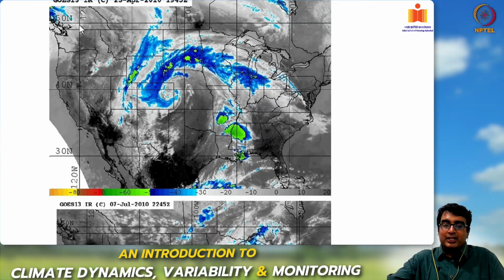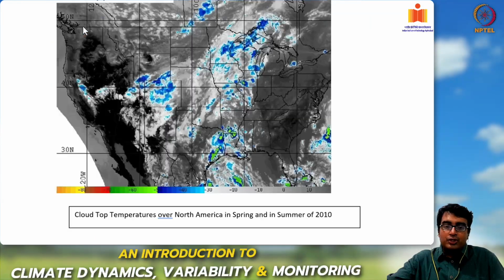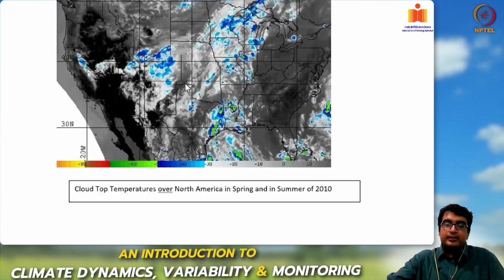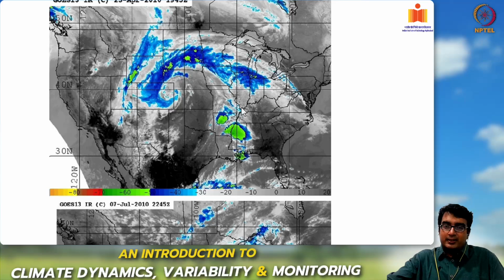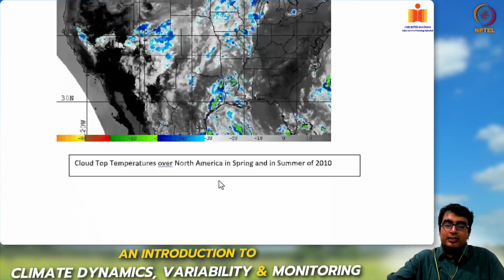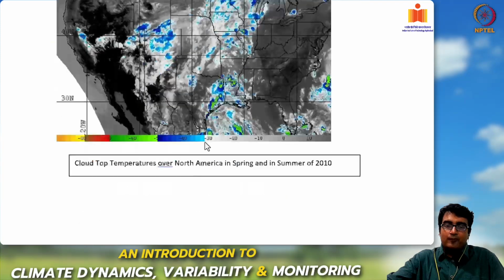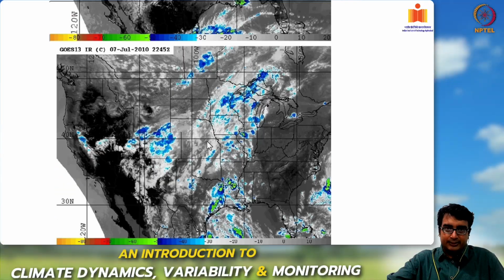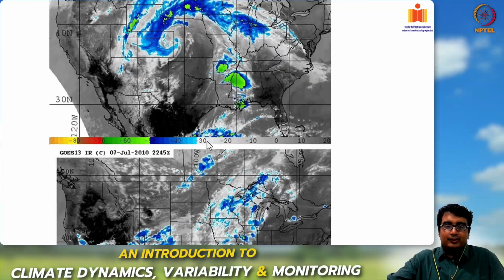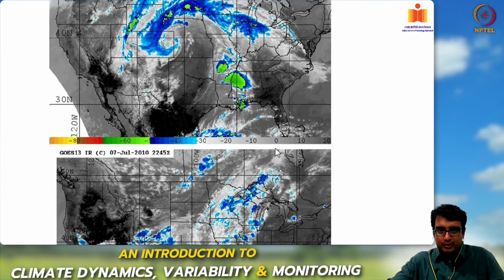So, here is a picture of a cloud structure over the North American continent between two seasons. This is the spring season of 2010, the top figure, and the bottom figure is the summer season of 2010. And here you can see various temperatures.